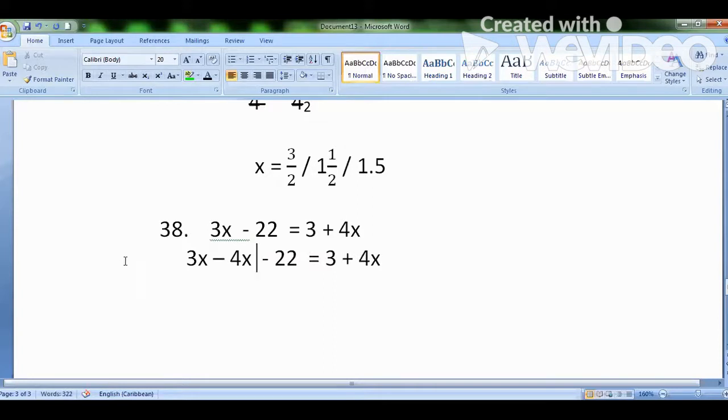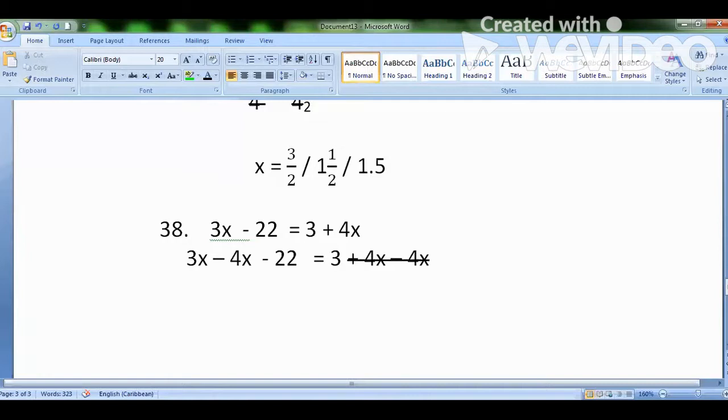Hold on. So you decided to put all x on the left, right? That's your strategy. We did it both ways. Right away that's gone. What next? So you're going to have minus 22 and minus 3. How do you get minus 3?